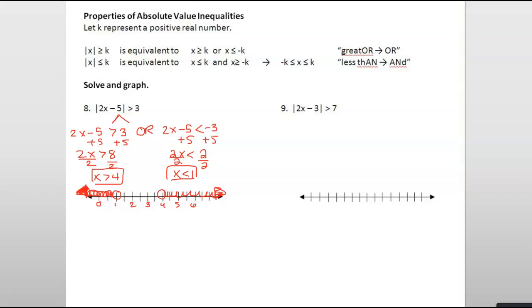So I have open circles in opposite directions. My solutions are x less than 1 or greater than 4. That means if I picked a number anywhere in this shading, I could plug it into the original equation up here, and it would be true.